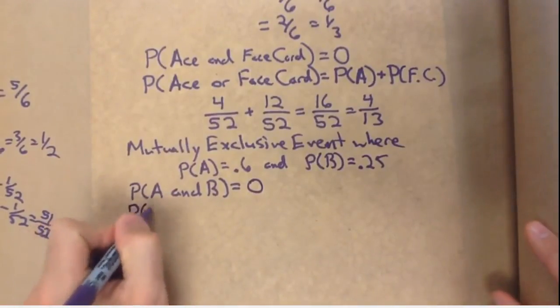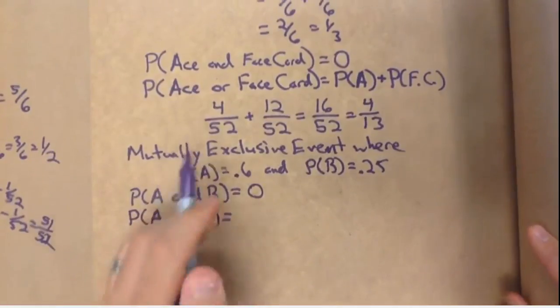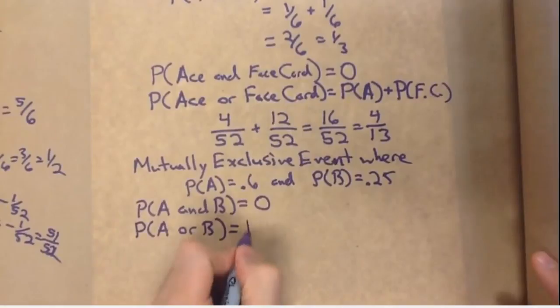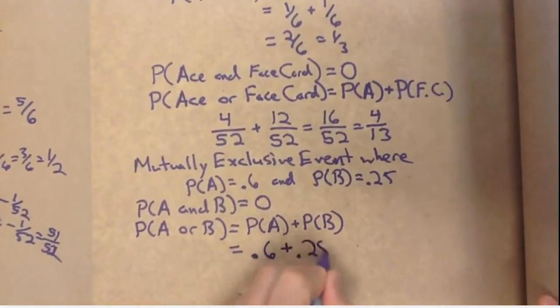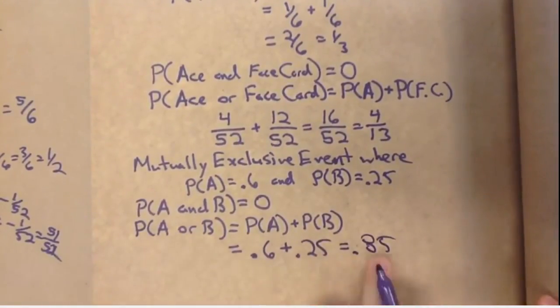Now, the probability of A or B occurring, though, is different. This is our rule here, where I can add them together, and I get 0.6 plus 0.25, which gives me 0.85. So the or here is actually 0.85, or 85%.